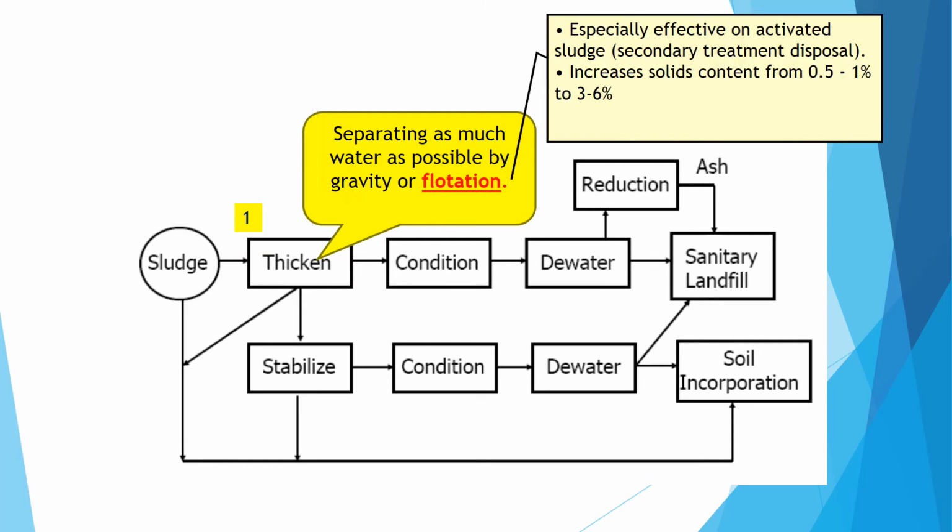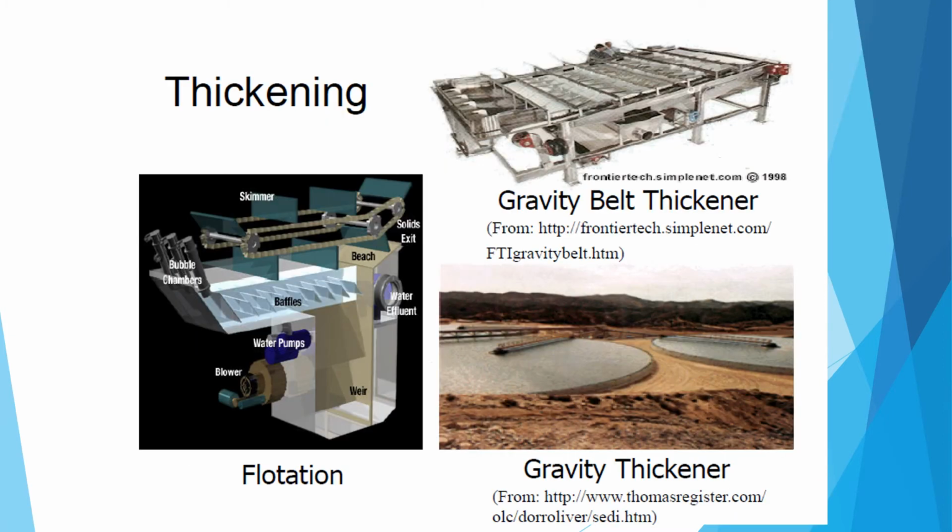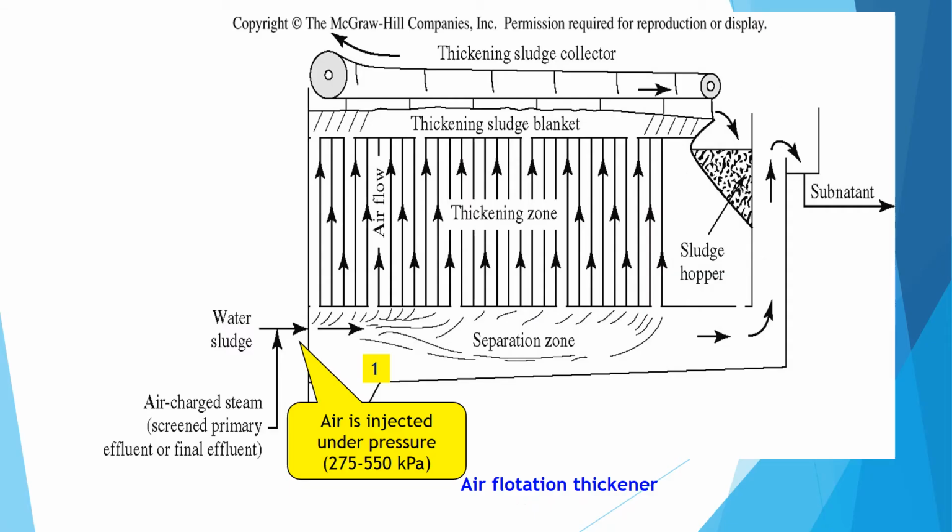And the next one, flotation, is especially effective on the activated sludge from the secondary treatment, which can increase the solid content from 0.5 to 1% up to 3 to 6%. Okay, this is an example of the flotation and gravity thickener used in the industry.